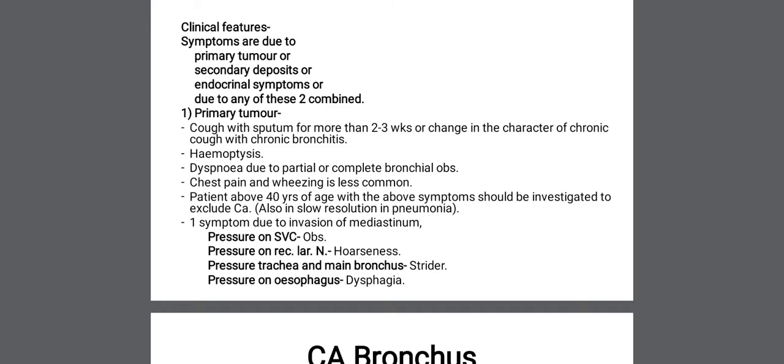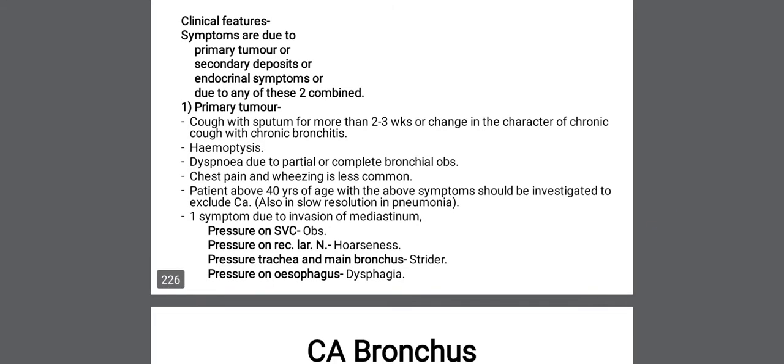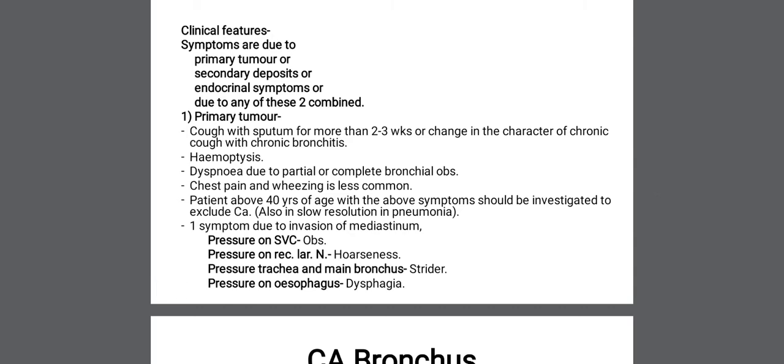There may be chest pain and wheeze, which is less common. Any patient over 40 years with these symptoms must be investigated to exclude bronchial carcinoma, and also a patient with slow radiological resolution of pneumonitis or pneumonia should be investigated.